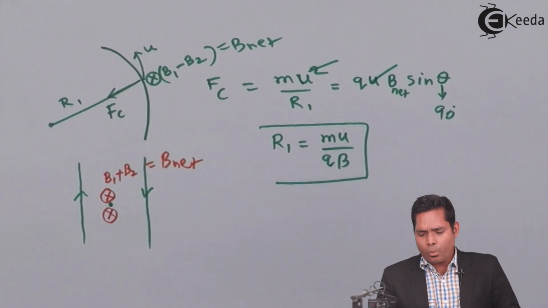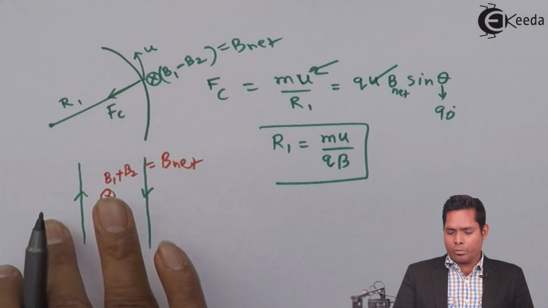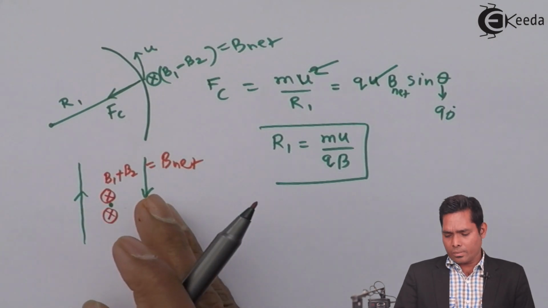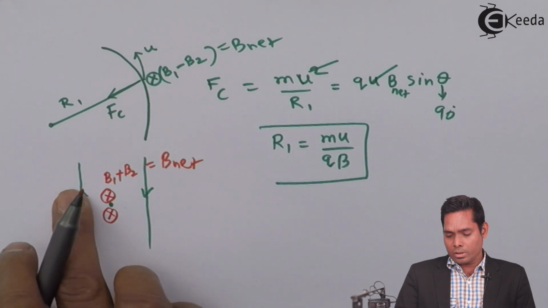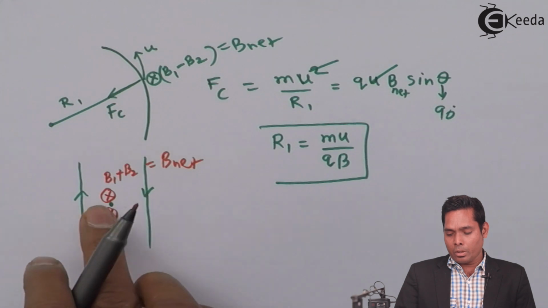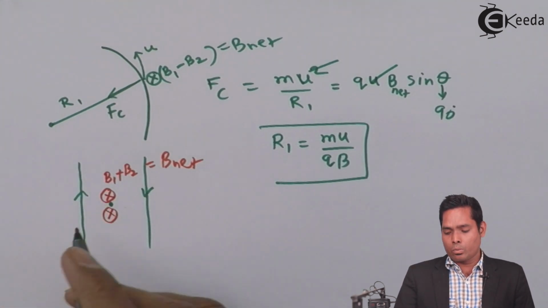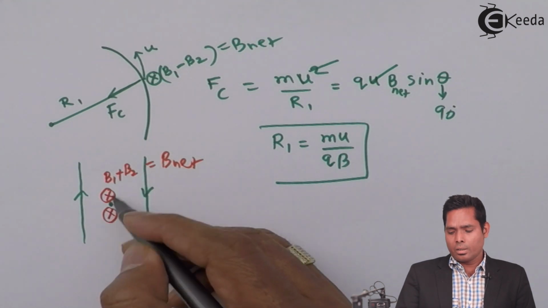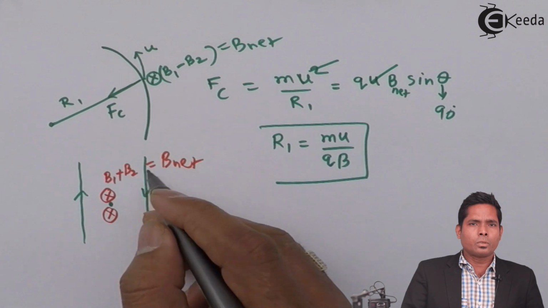So if it is into both the cases, then it will move toward the first wire depending on which side I have changed the direction. If I change the direction of this one, this is down, suppose this is up, then it will be up. If it's up, then this will move towards this side.